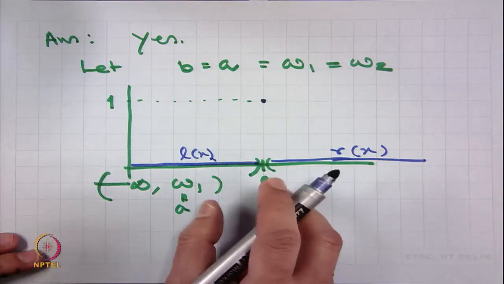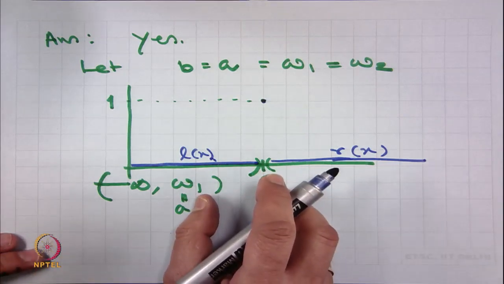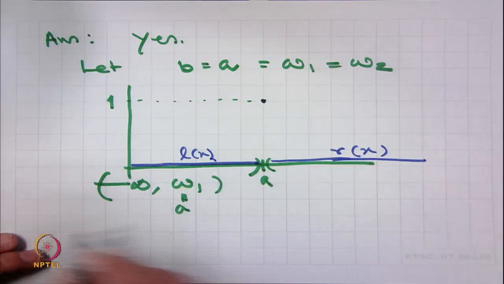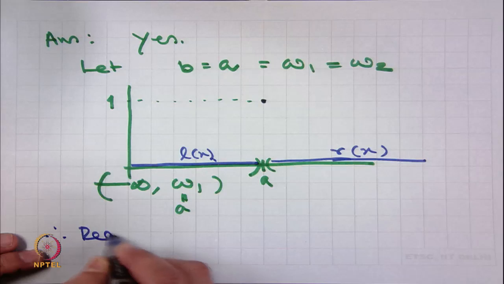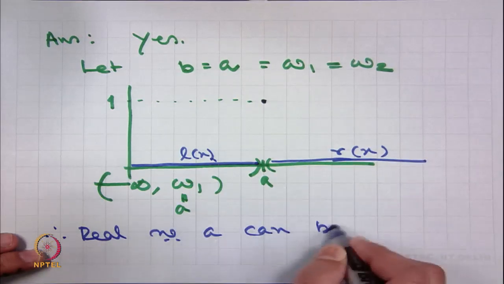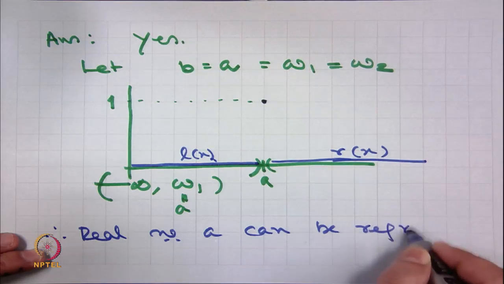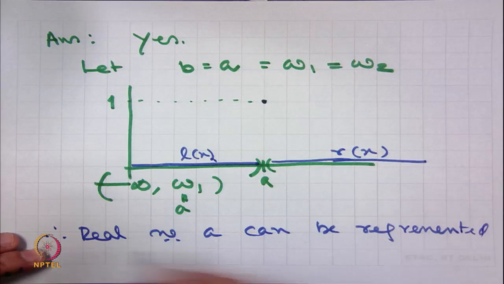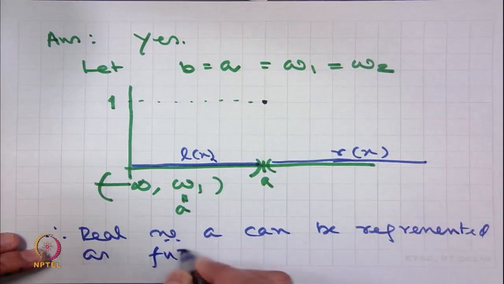Therefore, the real number a can be represented as a fuzzy set, represented as a fuzzy number.